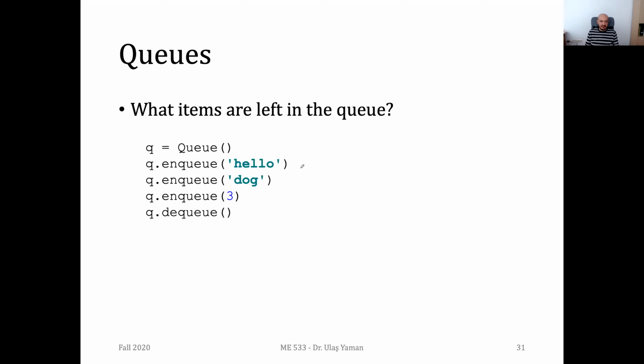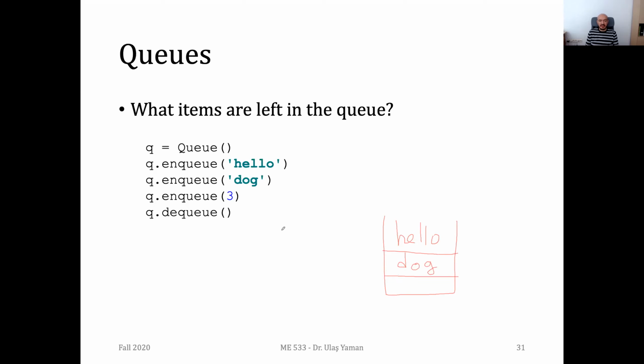Once you do the first enqueue, we will have hello here. And then once you do the next enqueue, doc will be inserted into position 0, index 0, in the data structure. So doc will be here, if this is the list in our Python implementation.